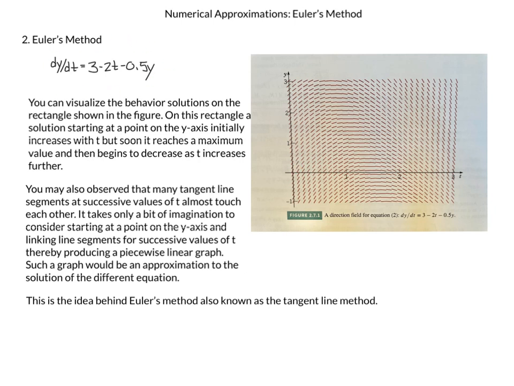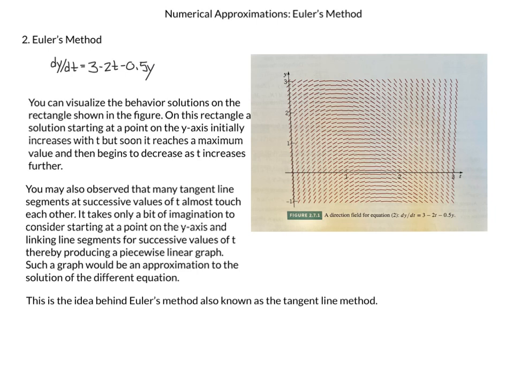So you can see if we start and follow, say, this line here, we start somewhere near the y-axis. We initially increase, we kind of flatten out before we start decreasing again. So what you notice is even where we don't necessarily have the solution pointed out, we're kind of interpolating and finding this curve.